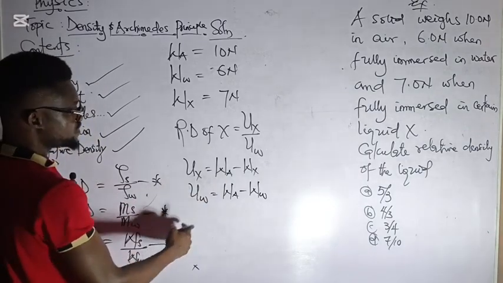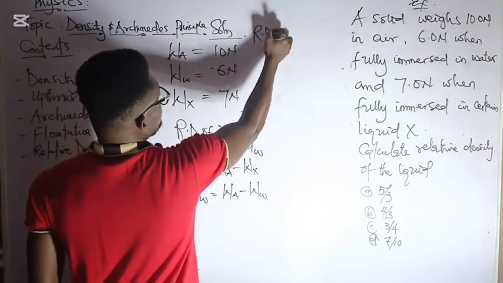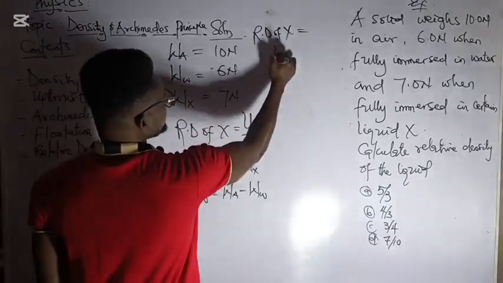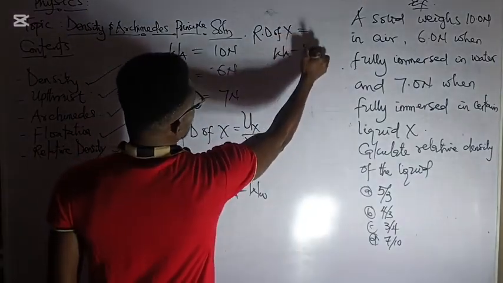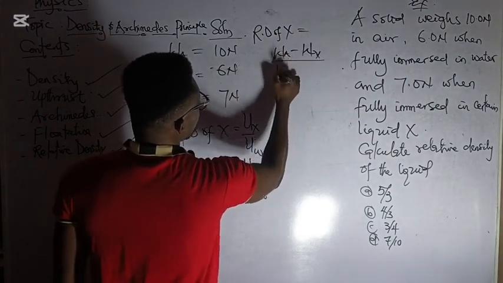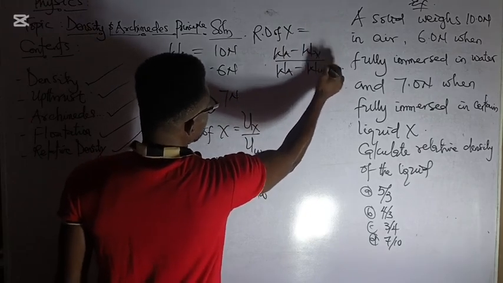If we substitute this, we are going to have relative density of X being equal to weight in air minus weight in X, all over weight in air minus weight in water.